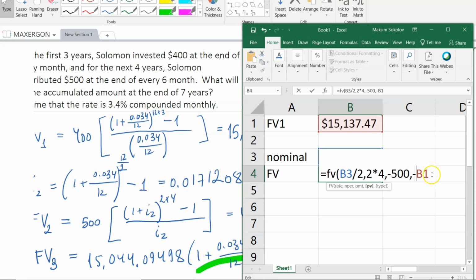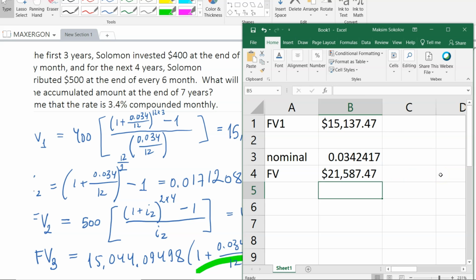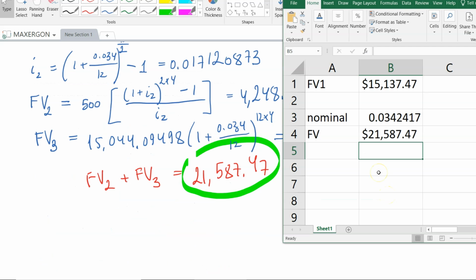And that's how we simplify the process. And that's also the annuity which is ordinary. So we'll enter 0 here. If I press enter, I have the answer 21,587.47, which is exactly the same answer as we found with algebra.